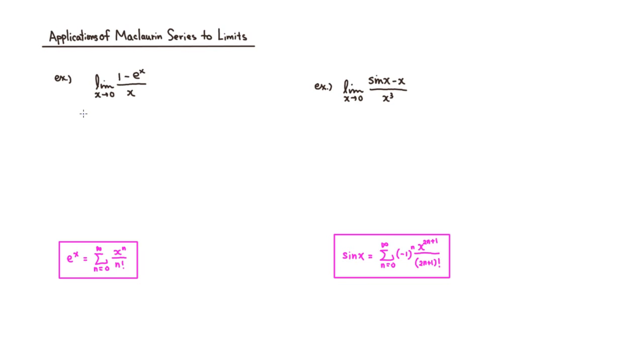So here we have the limit as x approaches 0 of 1 minus, and we put parentheses, e to the x, which is going to be 1 plus x over 1 factorial plus x squared over 2 factorial plus x cubed over 3 factorial and so on.